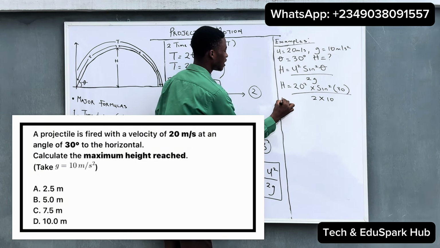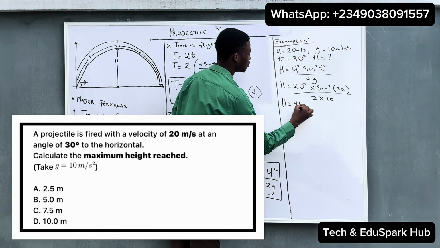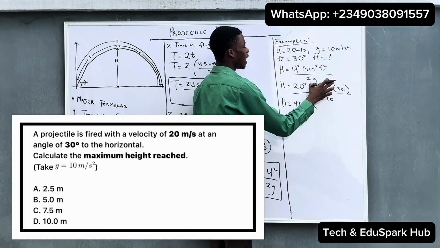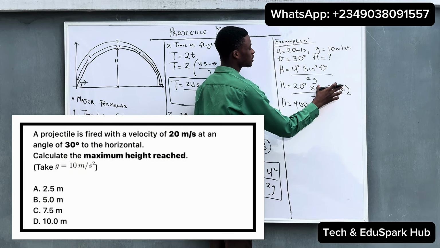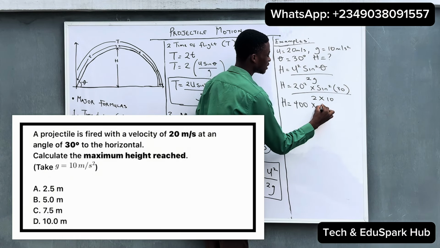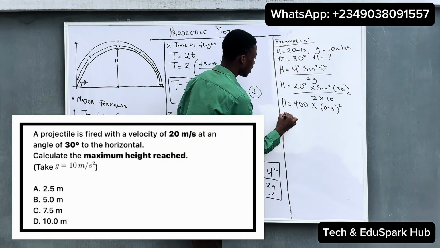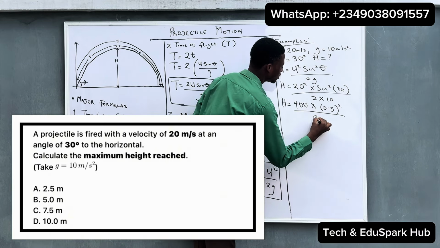So in this case, you can see our h is equal to, what is 20 square? 20 square is equal to 400 multiplied by... I said if we want to get sine square theta, we must first find the sine theta before we square it. So sine theta is equal to 0.5. So when we know that sine theta is equal to 0.5, we can then square it. So we have divided by 20.